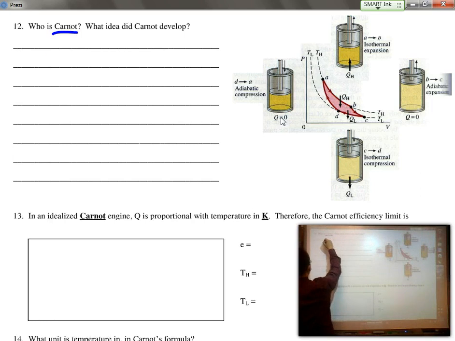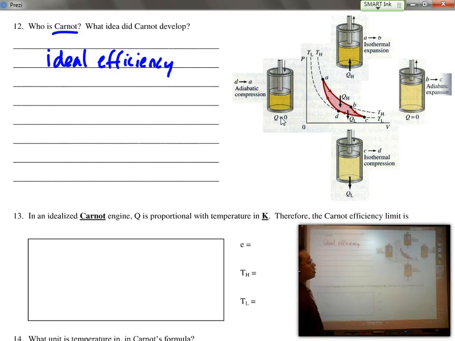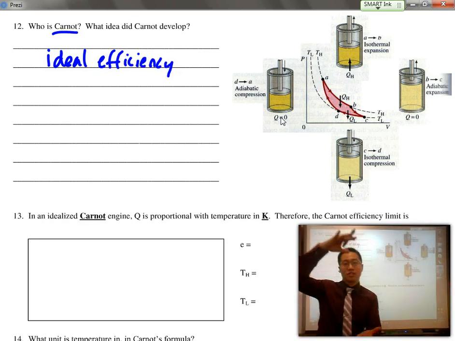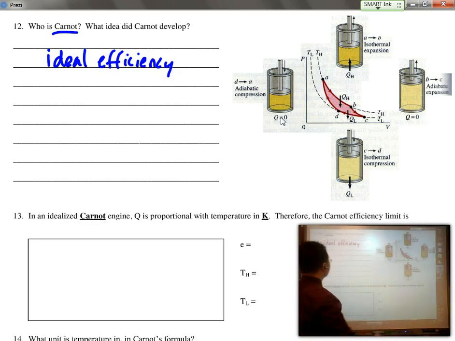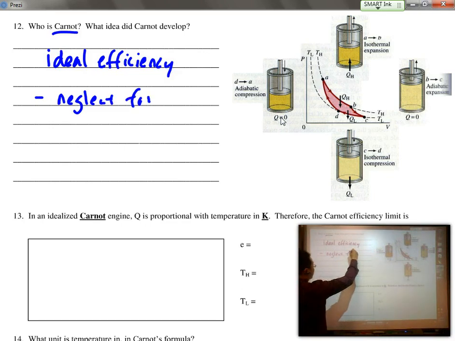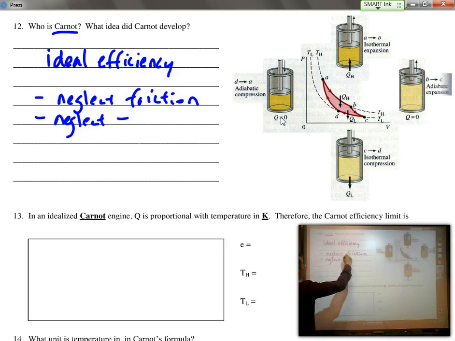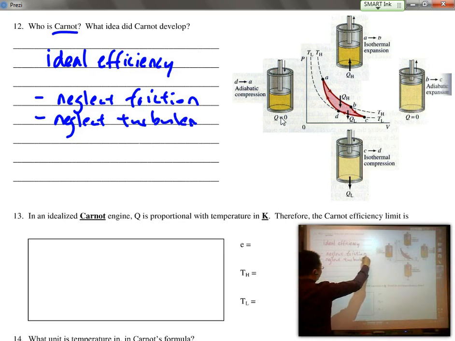And he came up with the idea of ideal efficiency, meaning that as the piston expanded and compressed, what if we were able to neglect any sort of friction inside or neglect any sort of turbulence within the gas inside?